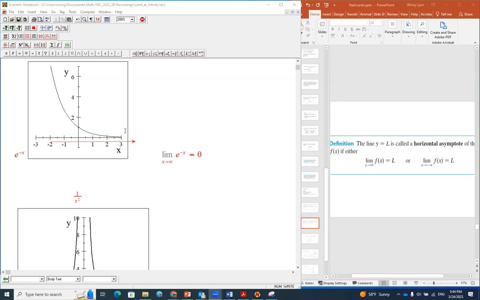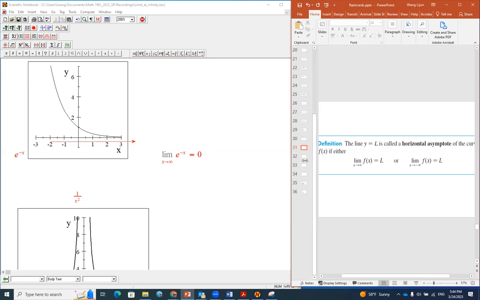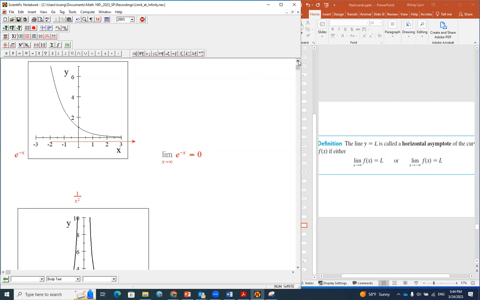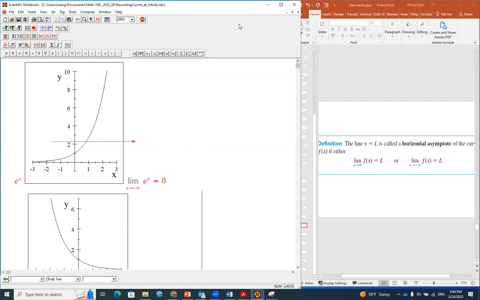So we've seen these examples, and these are horizontal lines. And this horizontal line, for both cases, is called a horizontal asymptote. So I'm going to draw this horizontal asymptote.